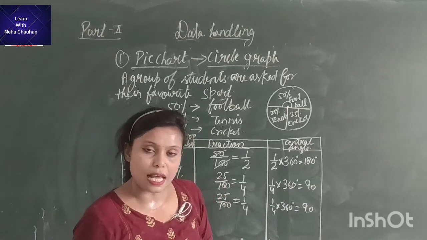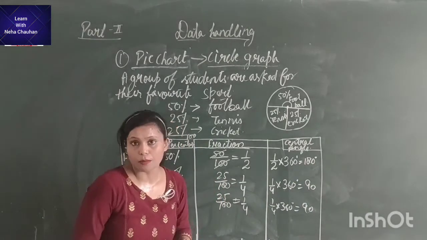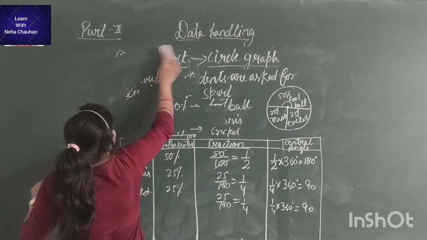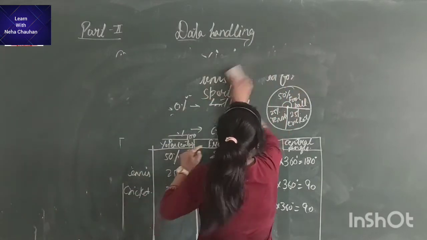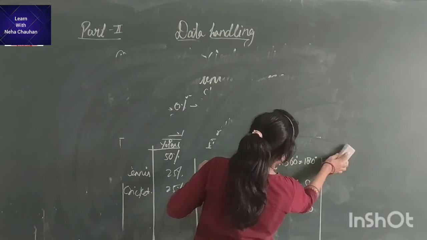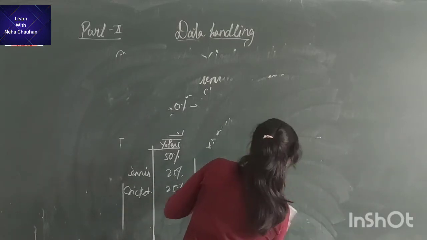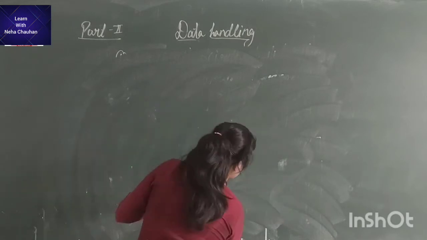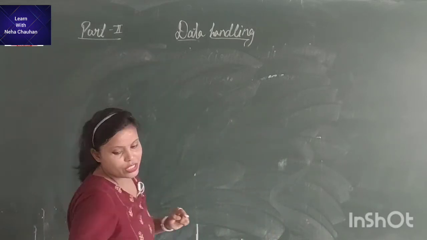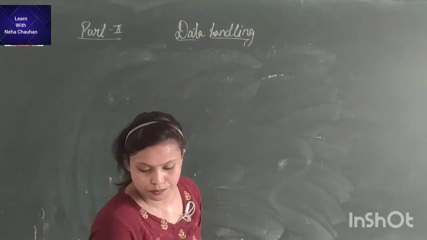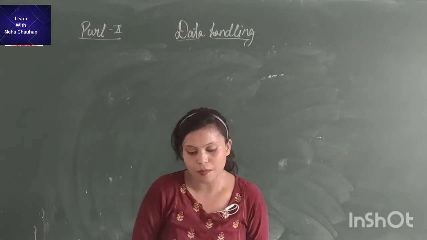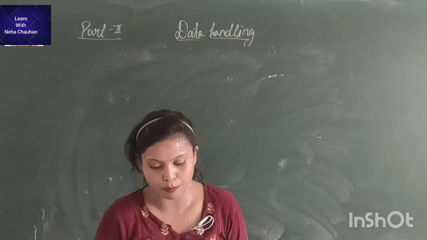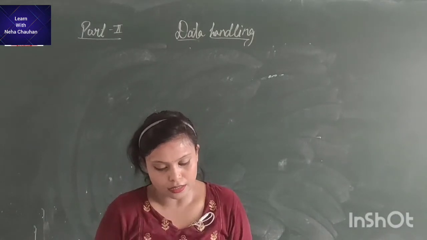Let's do one question from your exercise 5.2. Let's do question number 1 of the exercise. Question number 1 says, a survey was made to find the type of music that a certain group of people like in the city.